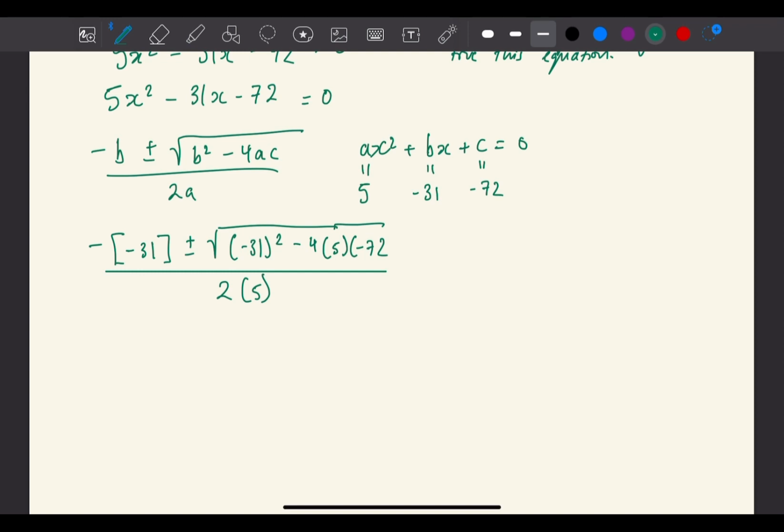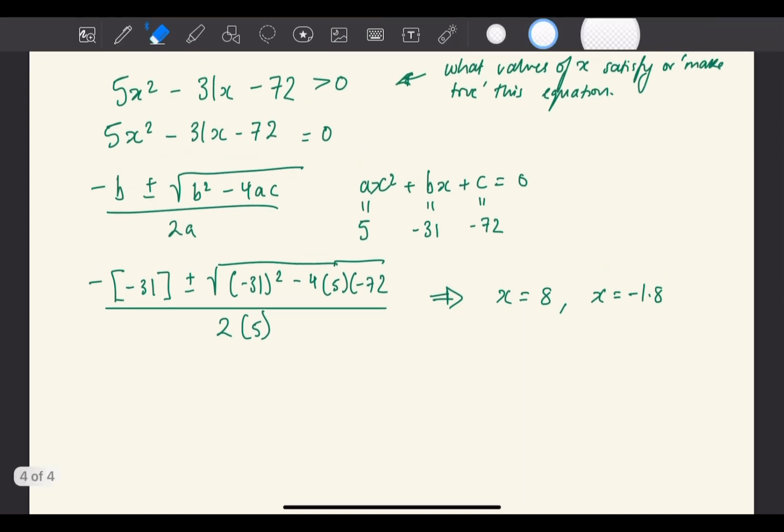Let's do plus first. You get 8. So for the plus value, x is equal to 8. And then if you do minus 31 minus the square root of b squared minus 4ac, you get x is equal to minus 1.8. Now, we want a range of values because you've got to remember it's actually an inequality.